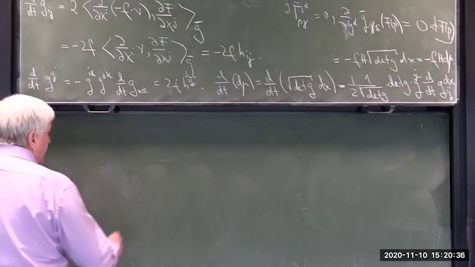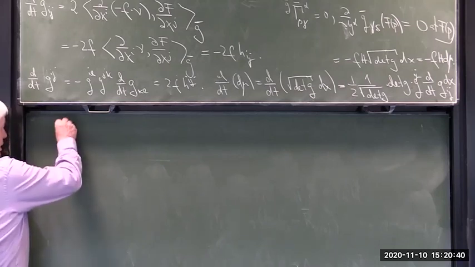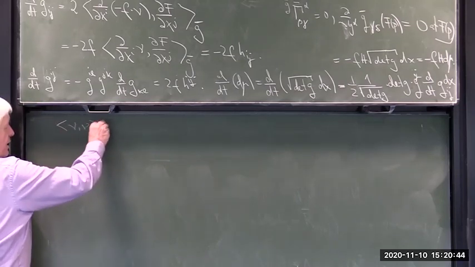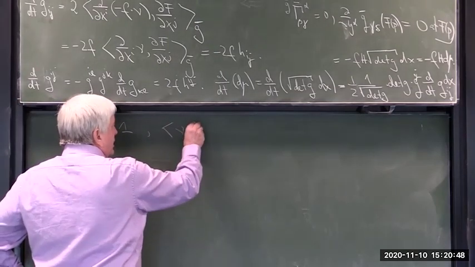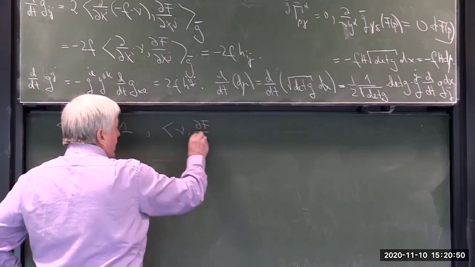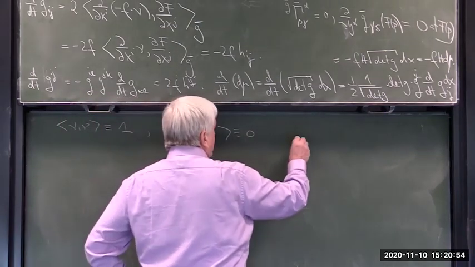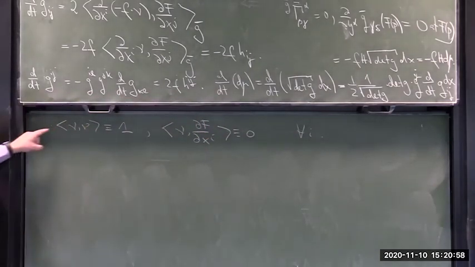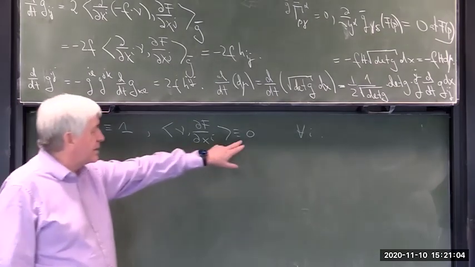The key things to remember here are that nu times nu is identically 1, and that nu times df dxi is identically 0 for all i. So we can differentiate these relations and get 0 on the right-hand side.